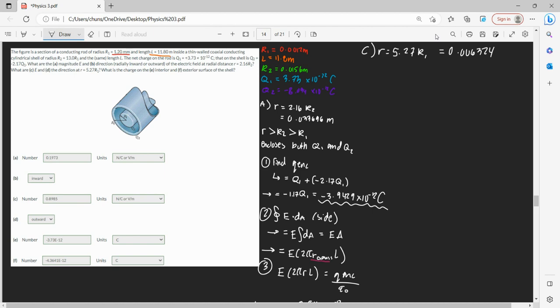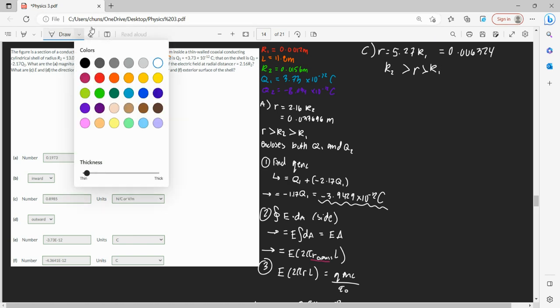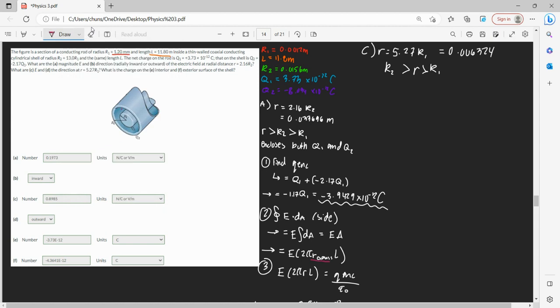So this R is greater than R1, but it's smaller than R2. So that means it will be in between the rod and the shell.